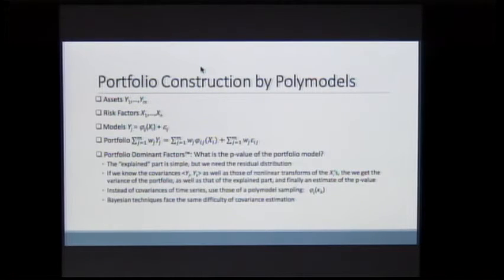The relevance is always a function of the ratio of some risk measures. It's not just the variance, but a ratio of risk measures between the residuals and the explained part. It always comes down to that. So you need to get some estimates, and at some point, you need to get a risk measure of the residuals.